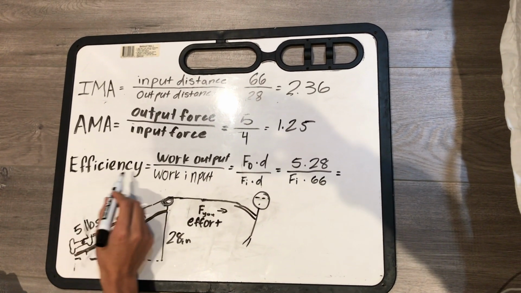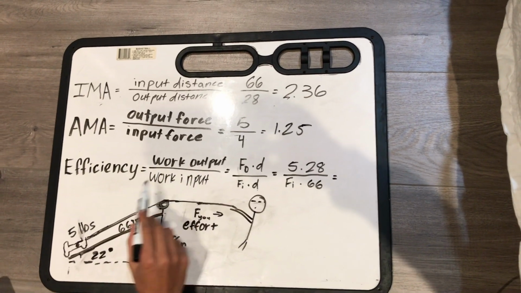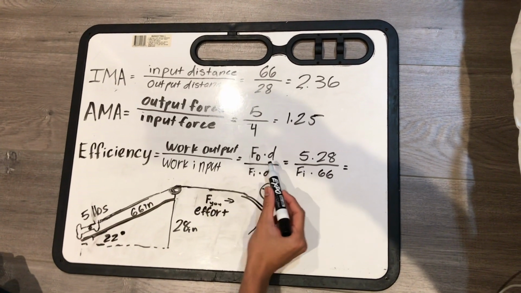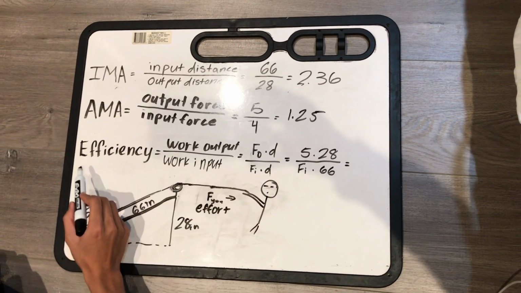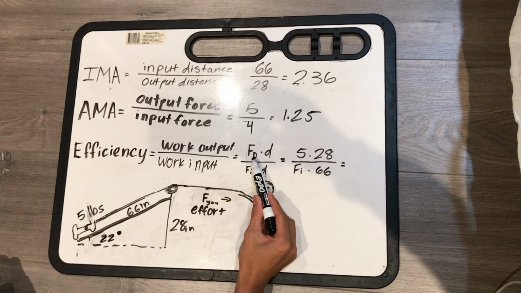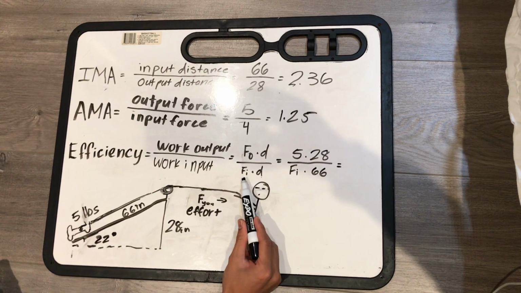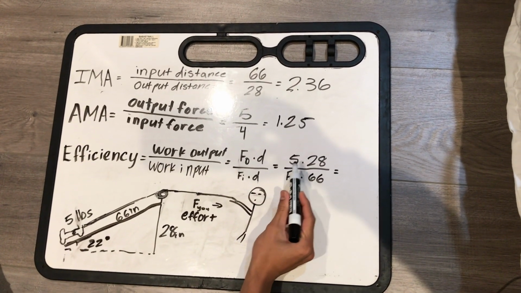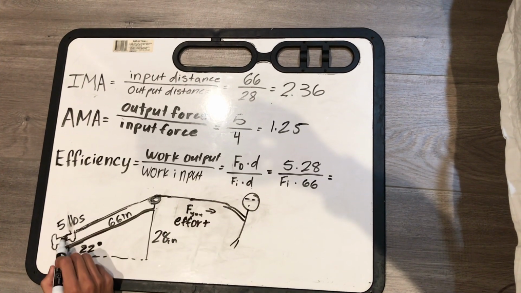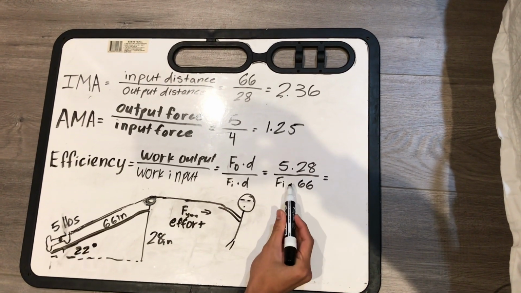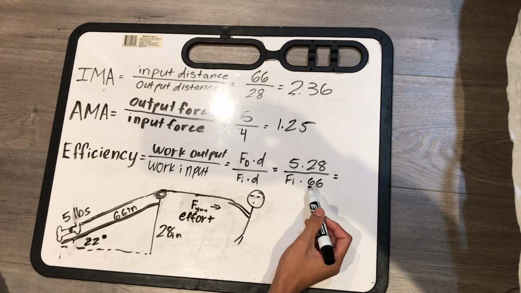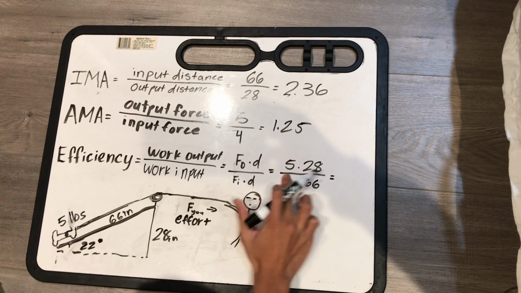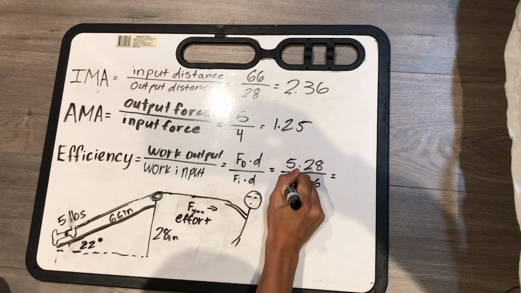For efficiency, it's work output over work input. Work is basically effort, which is force times distance. So in this equation, we're going to do force output times distance over force input times distance. And then we're going to plug in 5 times 28 for force output, which is the weight, over force input times 66. As seen before, our force input would be 4.